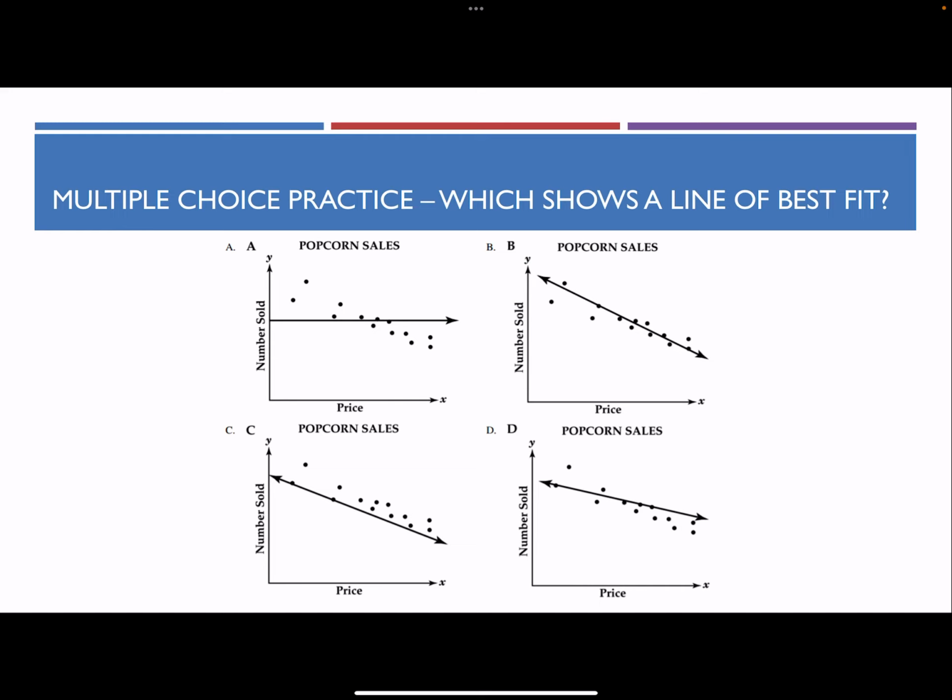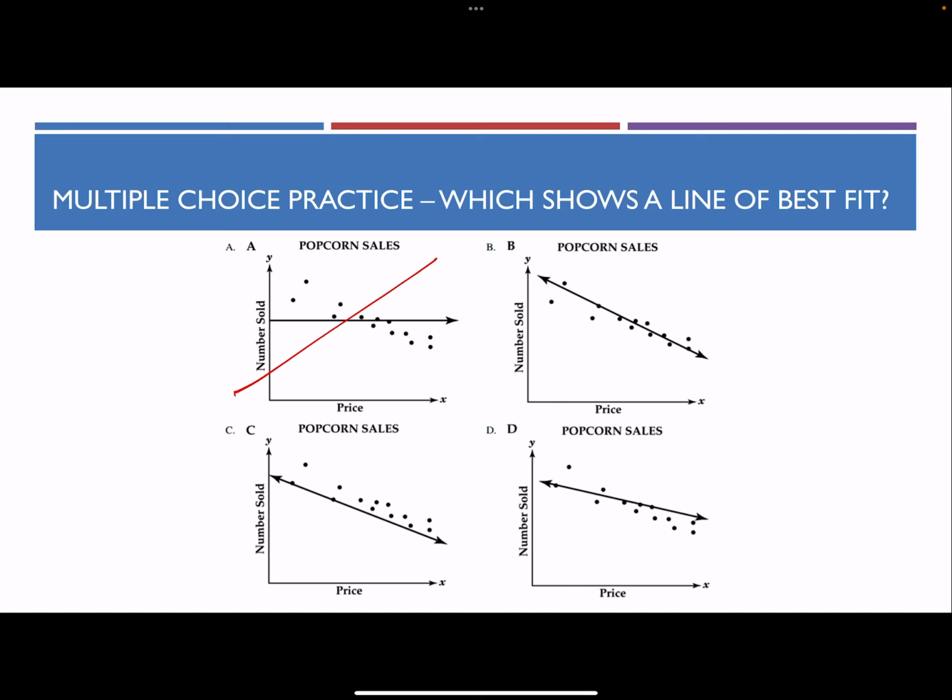All right, again, which one's the line of best fit? So hopefully you can tell that letter A is definitely out. That line doesn't go through the points really or follow the pattern at all. The other three all have negative slopes, which is good, but it's which negative slope is the best.